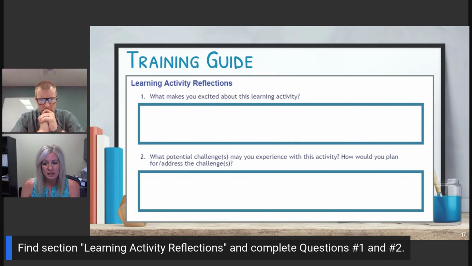As you've created something, what makes you excited about digging into that and presenting that to your students? And then what challenges may you experience, so you can get ahead of some of those things and be thoughtful as you implement some of these strategies using our new health education standards. So take some time to reflect there in your training guide.